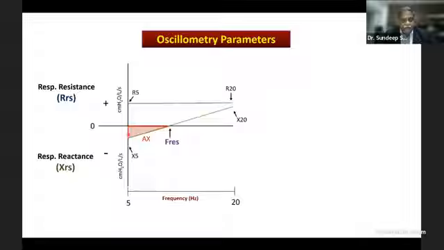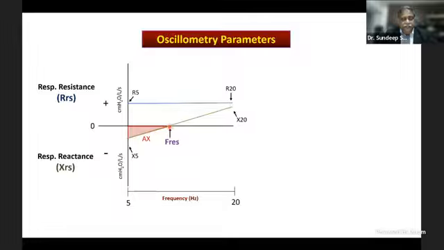In contrast to that, look at the line of reactance. The reactance line starts from a negative point. If this is 0.0, it starts from a negative point at 5 hertz. So X5 is a negative value. As you increase the frequency, the reactance becomes less and less negative.